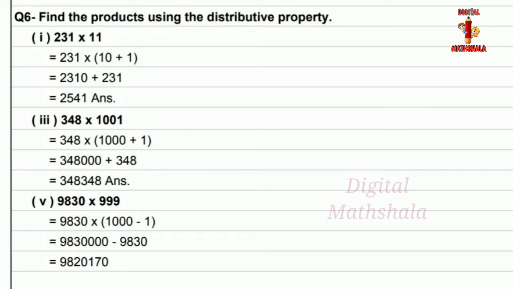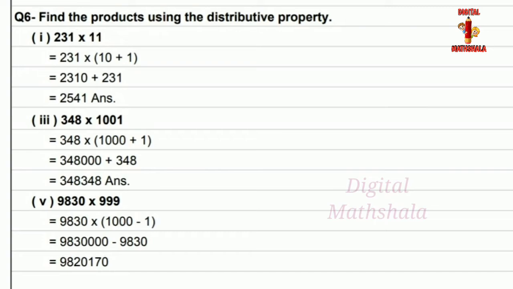Now in the fifth part also, but here we cannot change 999 into the addition form. So here we can write 1000 minus 1. So the subtraction sign will come, but that doesn't matter.